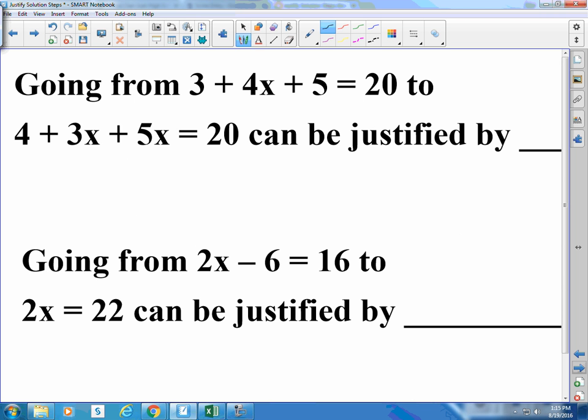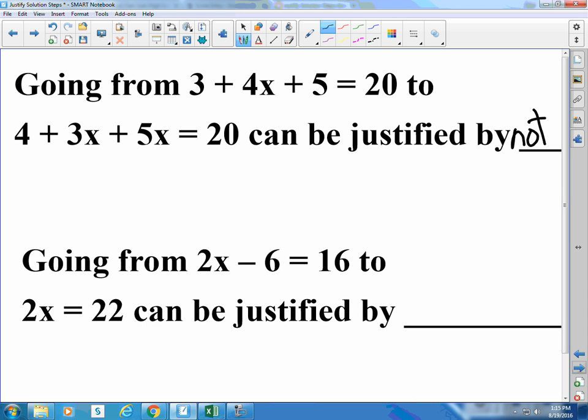So 3 plus 4x plus 5 equals 20. How did they get to 4 plus 3x plus 5x equals 20? Still have all the same numbers, but now the 3 has an x with it and the 5 has an x with it. So this one cannot be justified. That's not okay, even though you have all the same numbers. Now those numbers are associated with x that were not before, and so it's different.